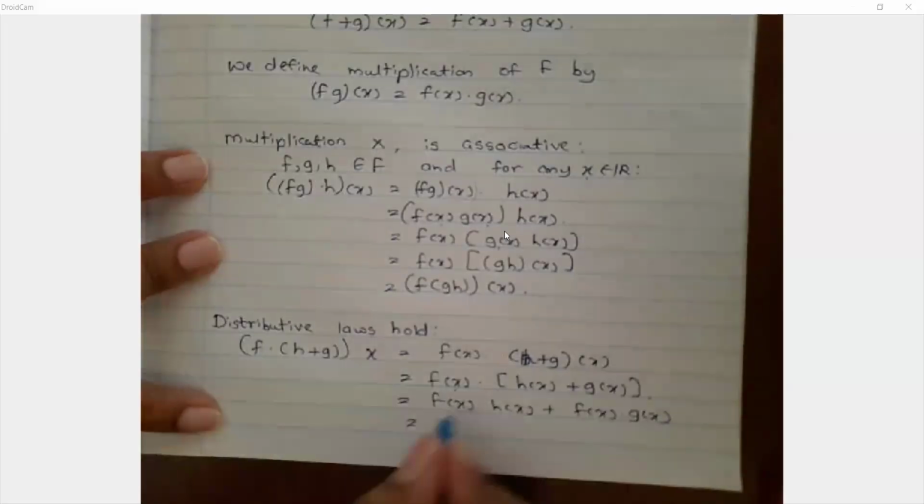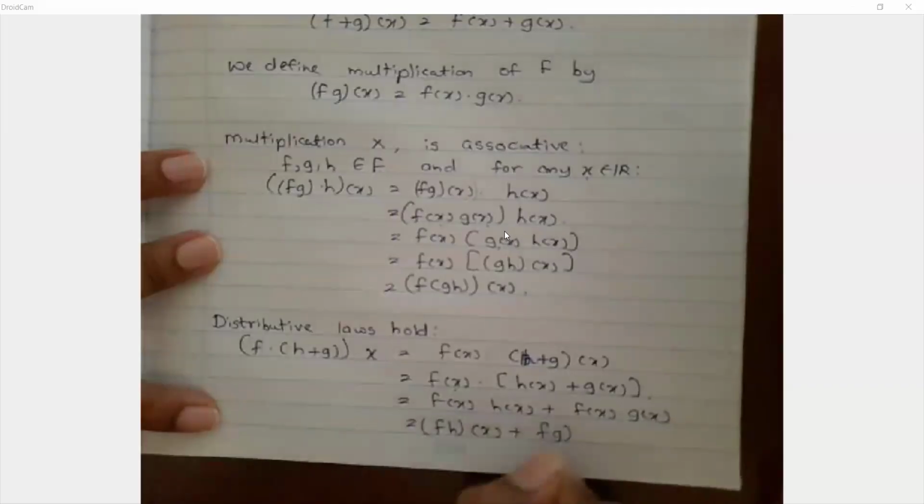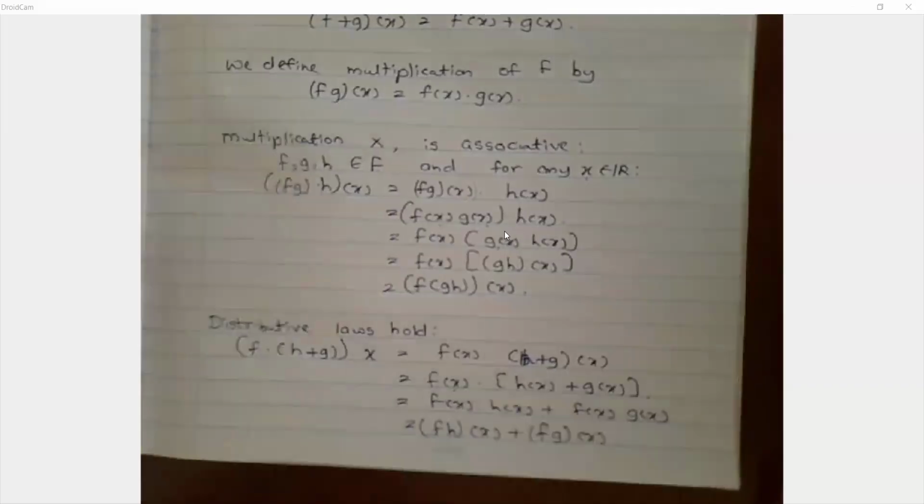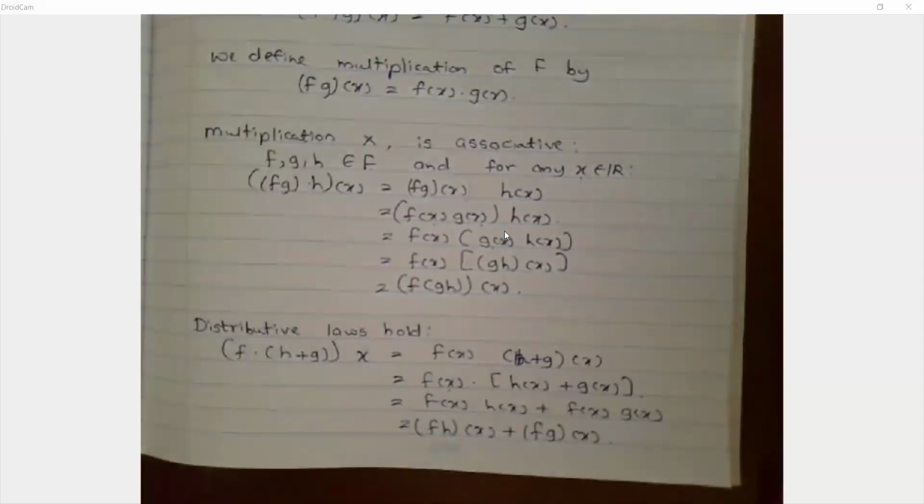Now, this, once again, going back to the definition of multiplication over F, is given by (f times h) of x plus (f times g) of x. Exactly what we wanted to prove. And the other distributive law also holds, and you can do this on your own, following a similar method.